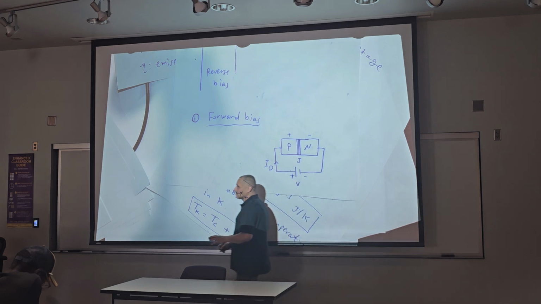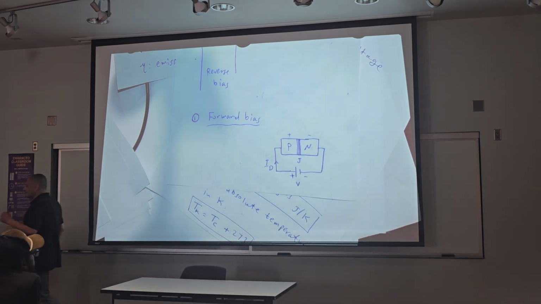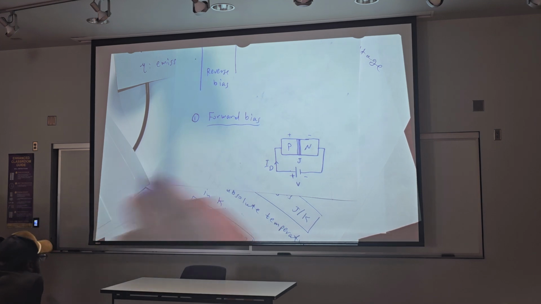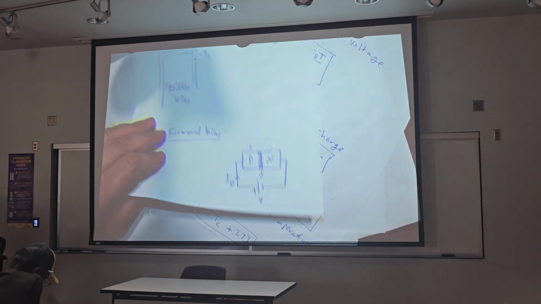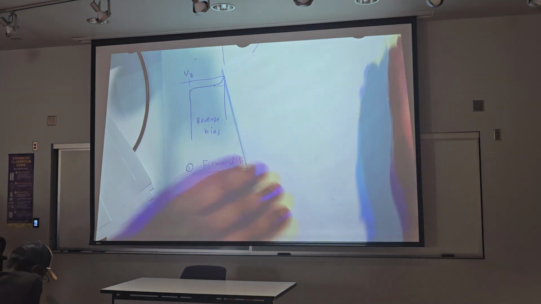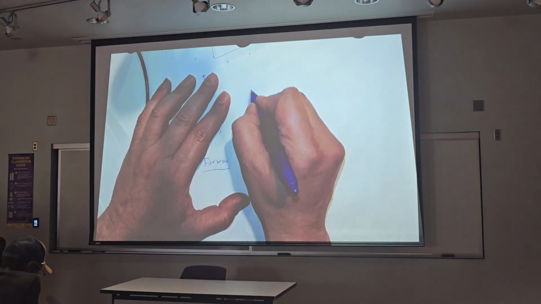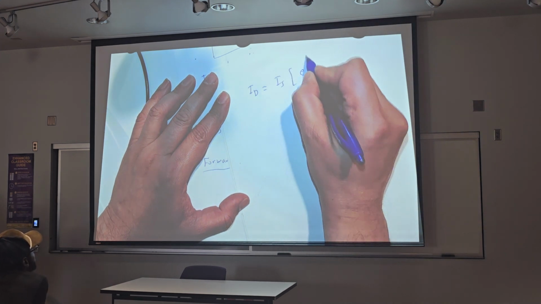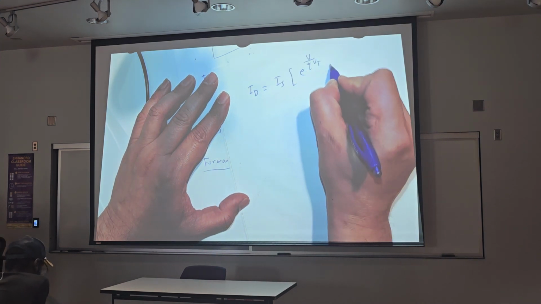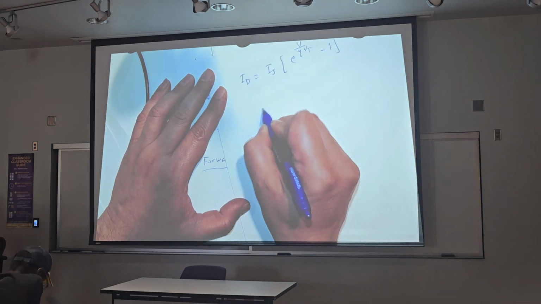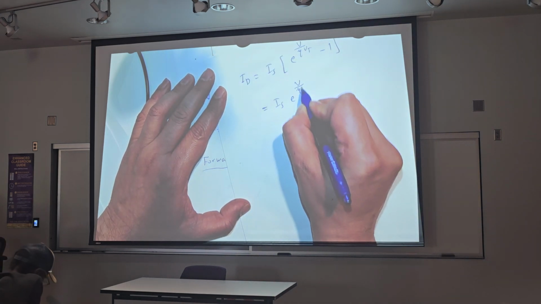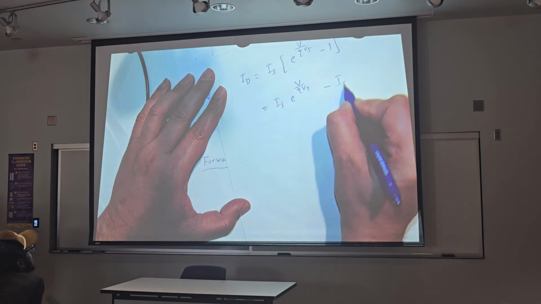See, I told you IS is very small. So the current ID equals IS e to the V over eta VT minus 1, or equals IS e to the V over eta VT minus IS.